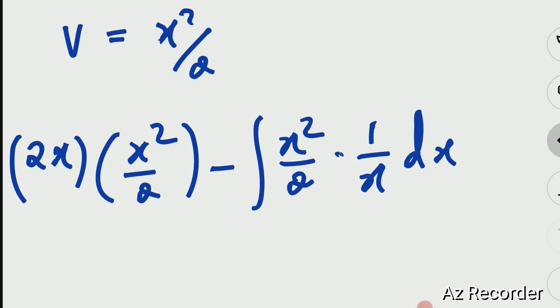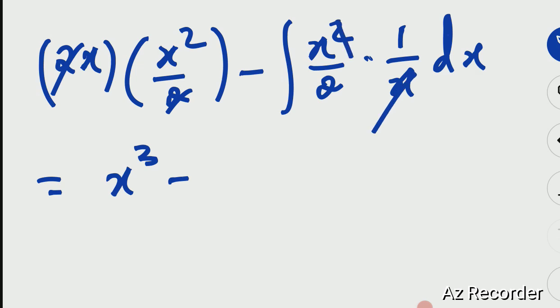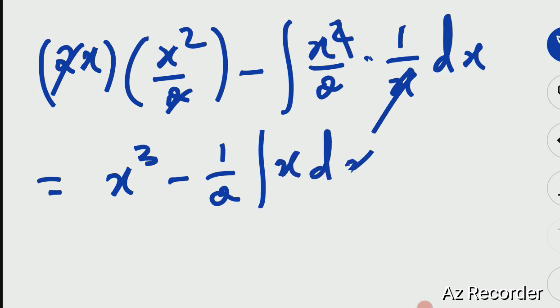So again, let's proceed. We're going to simplify this as much as possible. These 2 can take care of these 2, so we have x times x squared, that's x cubed, minus, also one of these x can take care of one of these x, so we're left with the integral of x on 2. I can factor out this half, then I integrate x with respect to x.